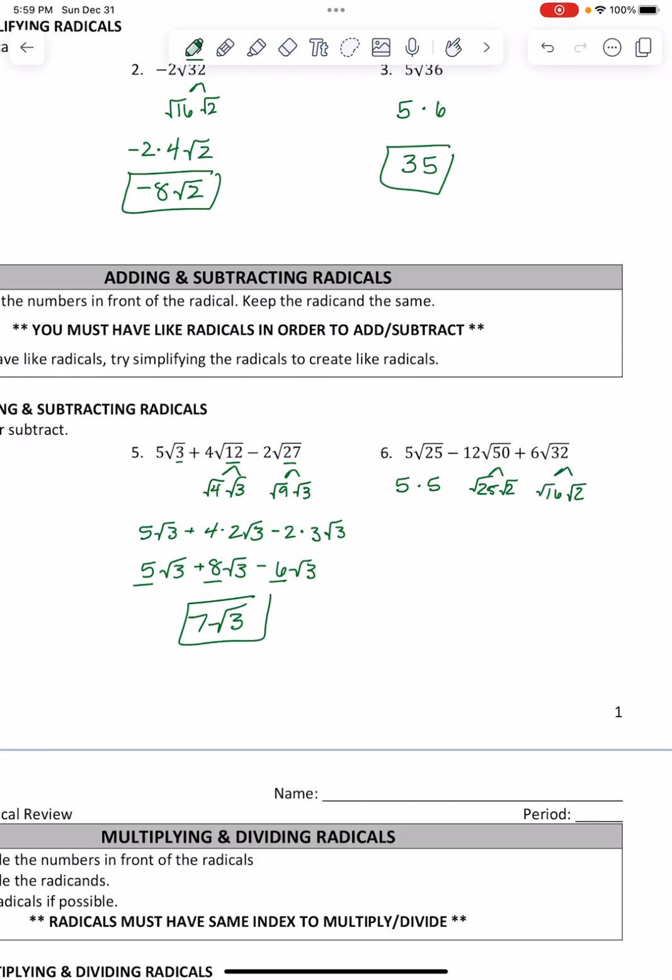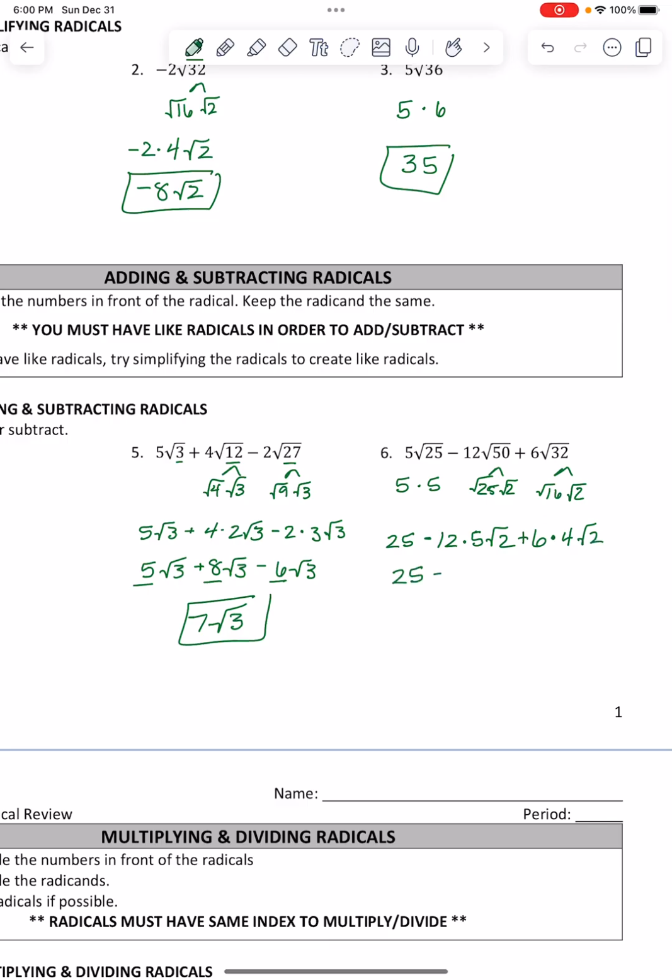So what we'd have here is 5 times 5 is 25 minus 12 times square root of 25 is 5, and then square root of 2, plus 6 times square root of 16 is 4, square root of 2.